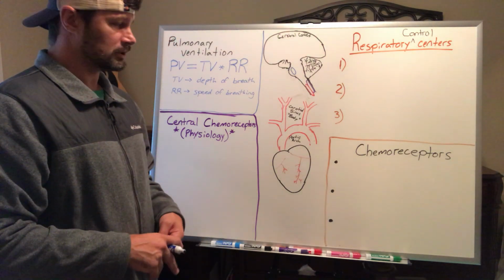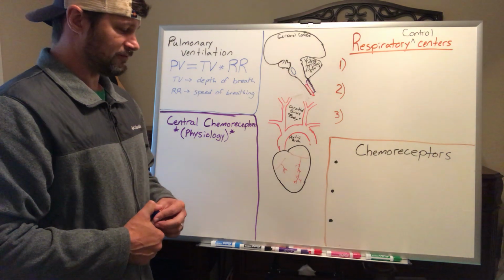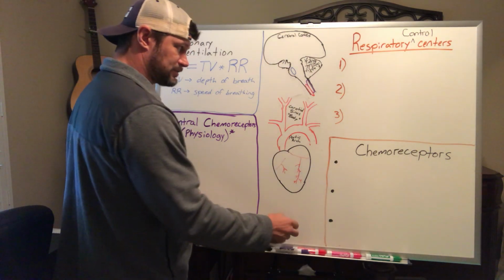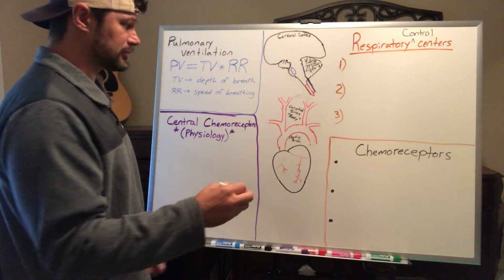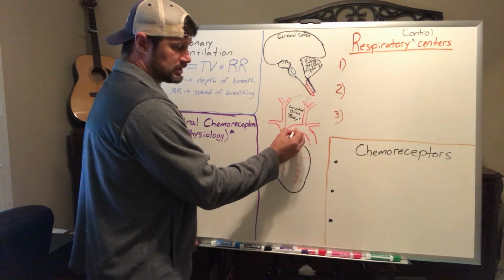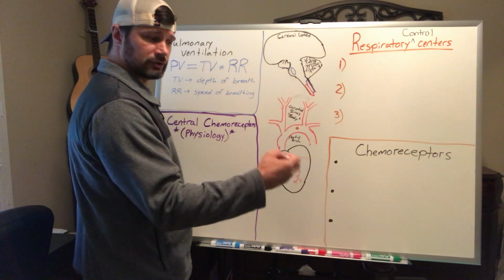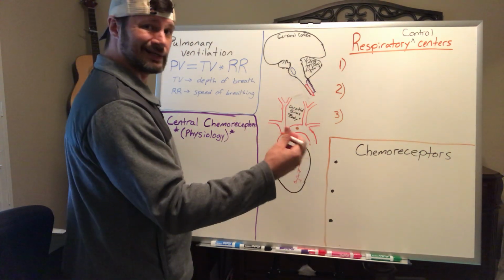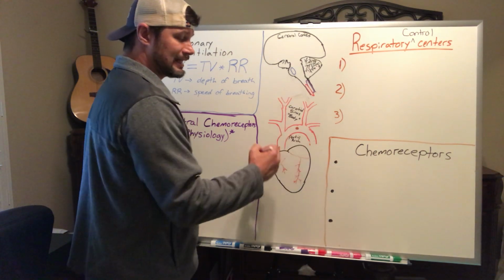So let's first look at what's going on down here in the periphery, because down here in the periphery we have some receptors that can detect signals. We have those in our brain as well, so don't think they're only found down here. But we have some chemoreceptors that are constantly monitoring O2 levels and acid levels, honestly, not even CO2 levels, but acid levels, okay, down here in the aortic arch.